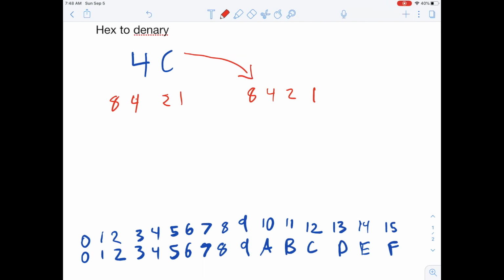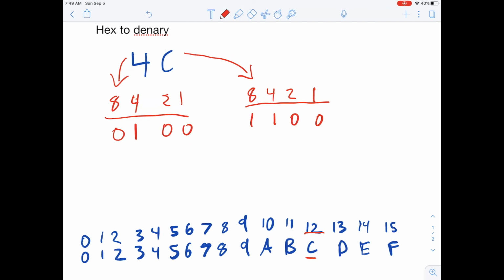And I'm going to convert the C over here and the 4 right here. So if I look down at my table, C is equal to 12. So I'll have a 1 for 8, 1 for 4, 0, 0. And 4 is going to be just 4, 0, 0, 0.